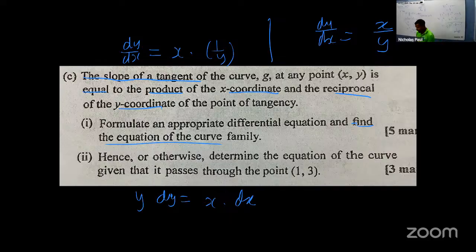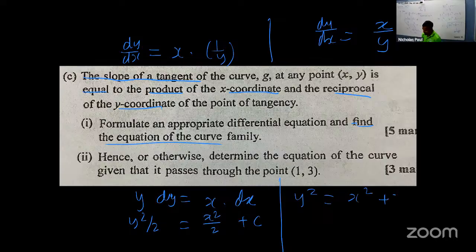So you'll end up with y squared on 2 is equal to x squared on 2 plus c. Multiply everything by 2, and you'll get y squared is equal to x squared plus 2c. Then you can square root it if you want.